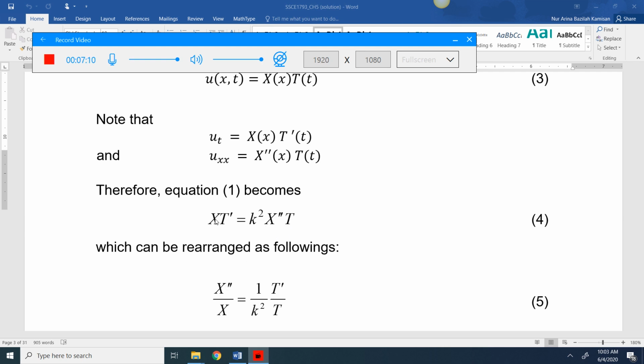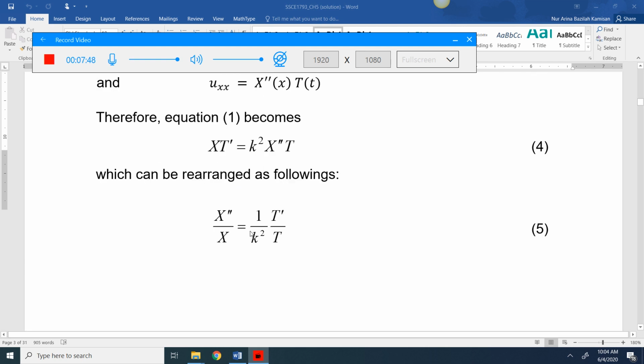In this case, the variable other than x is t, so k will be at this side. Remember, the variable with differentiation must be at the top. So it becomes X'' over X. We must put X at the left hand side, so T will be at this side, and it becomes T' over T multiplied by 1 over k². You can try to write this form and this form yourself, so that you will understand more of how they rearranged this equation.